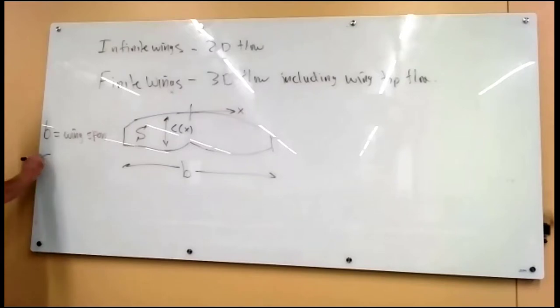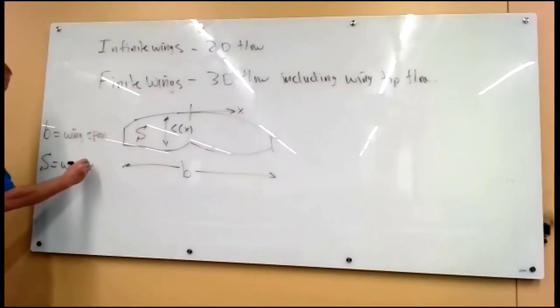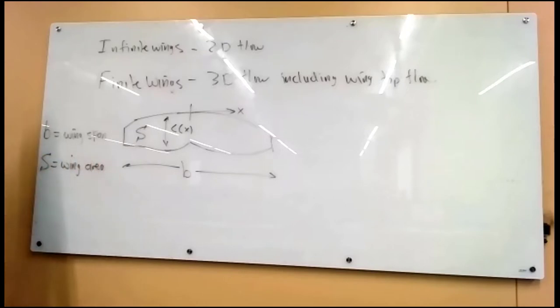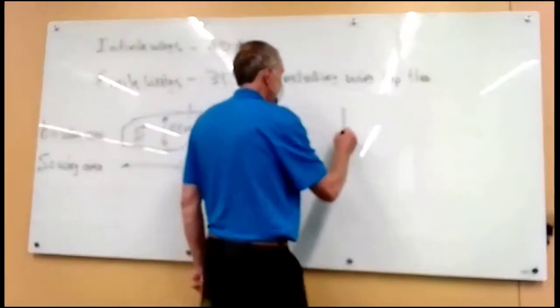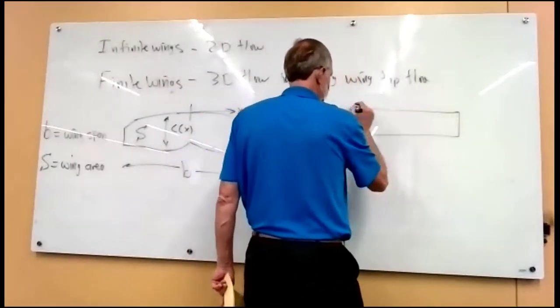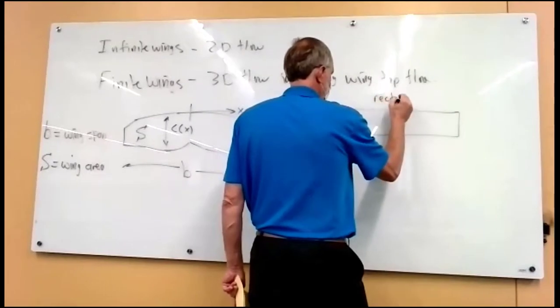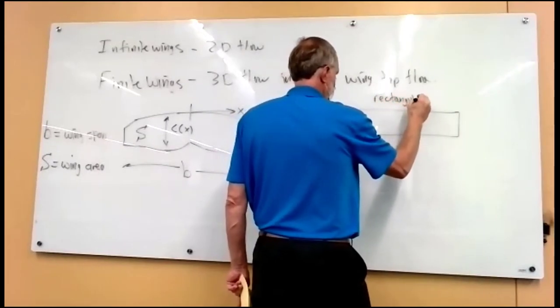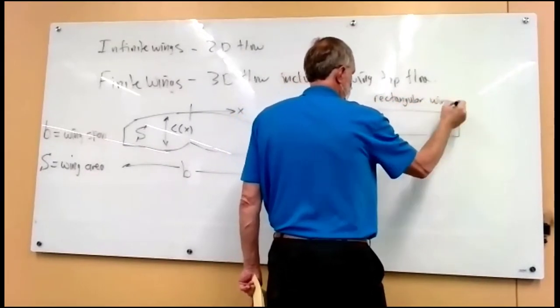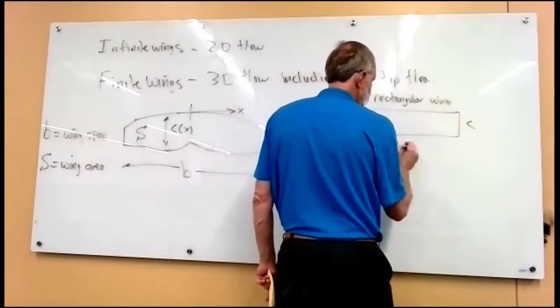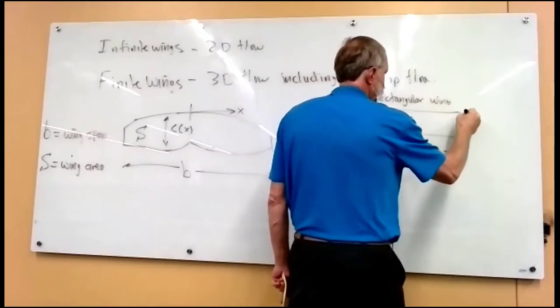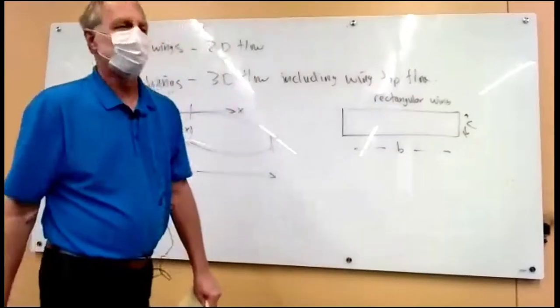But we'll eventually be able to calculate the wing area. And depending on the shape of the wing, that's either easy or hard. In a minute, we'll look at rectangular wings, where you simply multiply the chord times the span because the chord is constant.